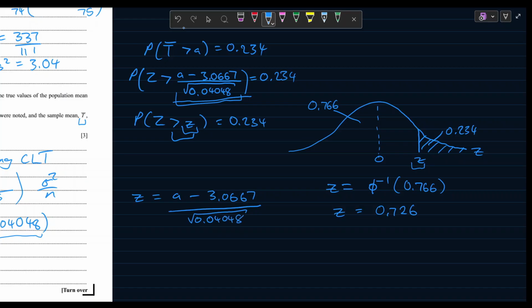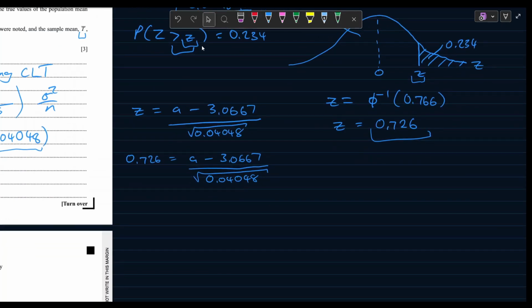So it means that 0.726 is equal to a minus 3.0667 over the square root of 0.04048.